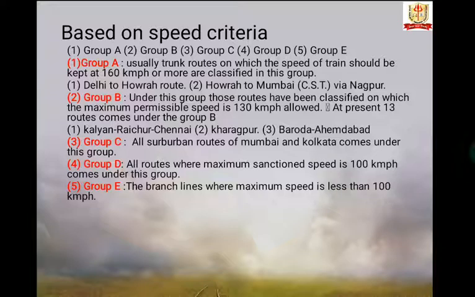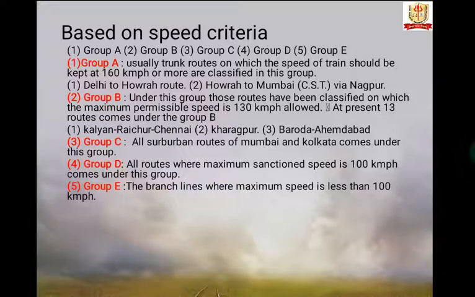At present, 13 routes come under group B, like Kalyan, Raichur, Chennai, Kharagpur, Baroda, Ahmedabad, etc. Third is group C: all the suburban routes of Mumbai and Kolkata fall under this group.